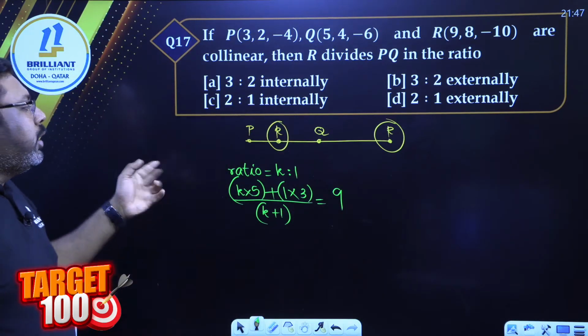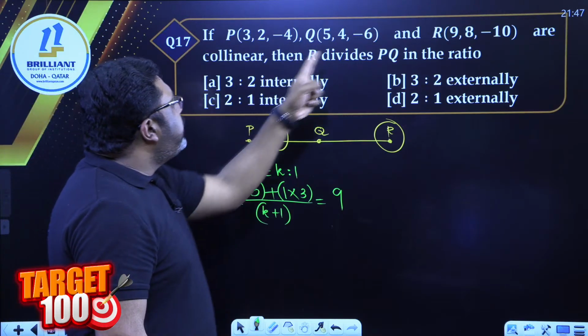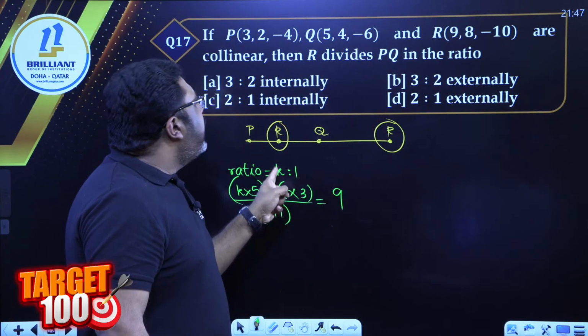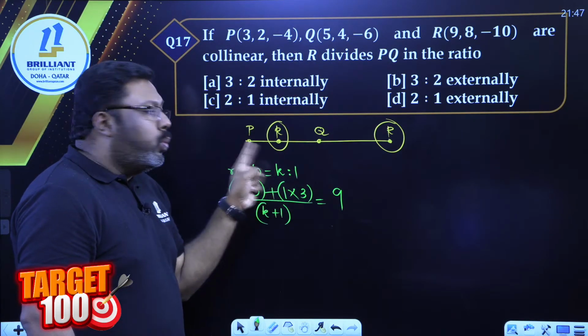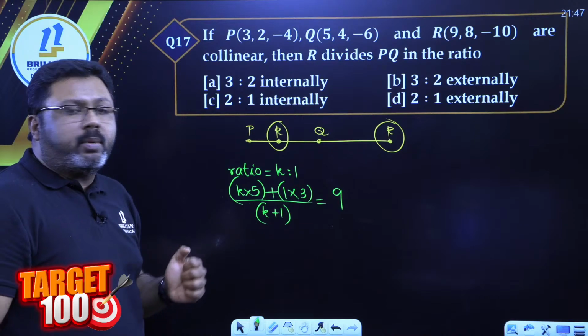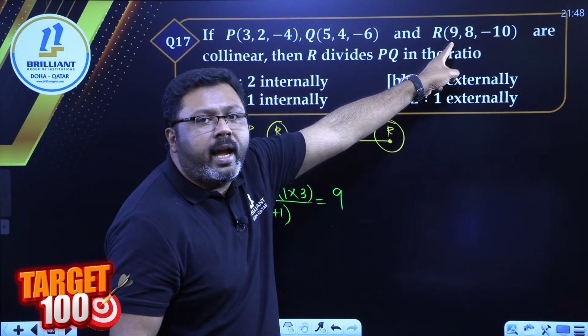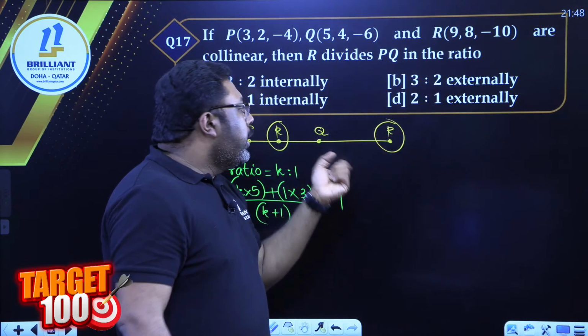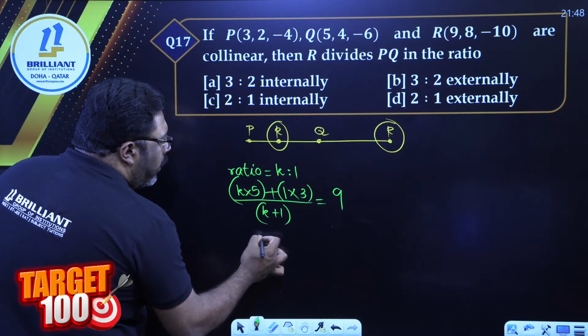Don't waste too much time on writing the formula. Please learn it very thoroughly. That gives the first x coordinate of the point which divides it. That's 9. Solve for the value of K here.